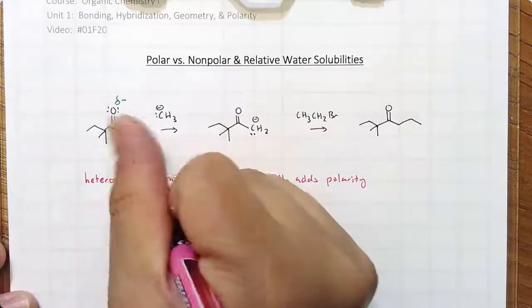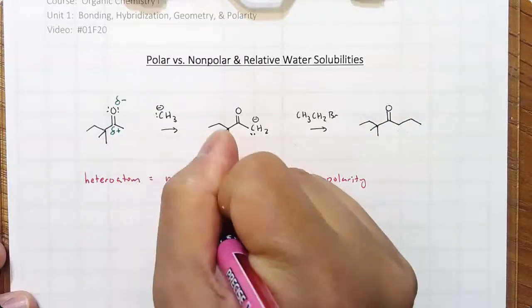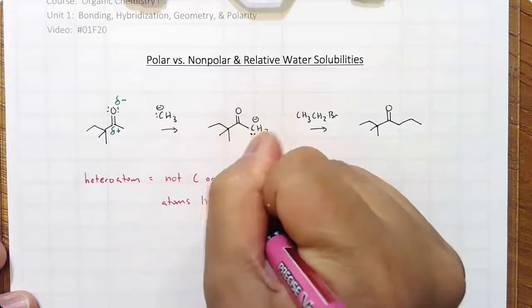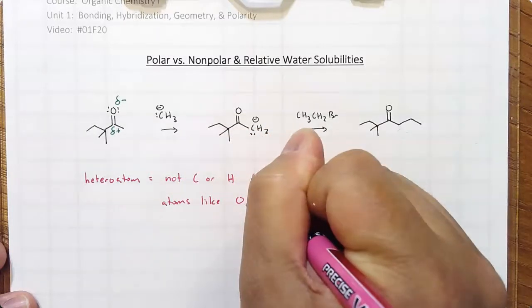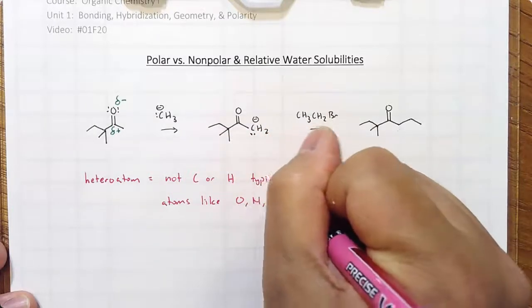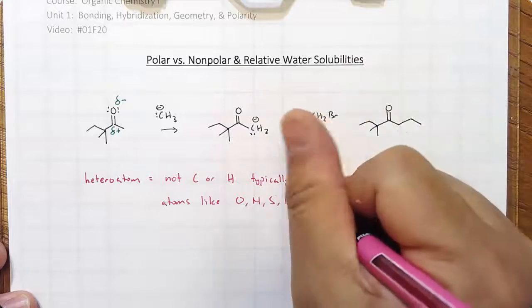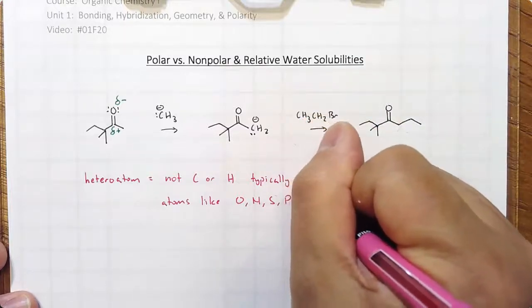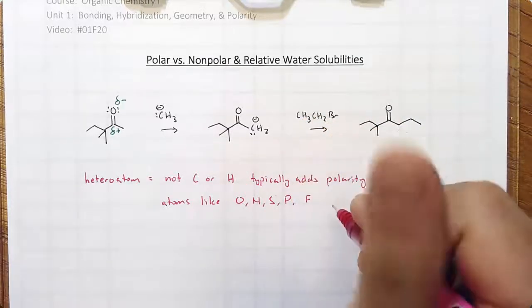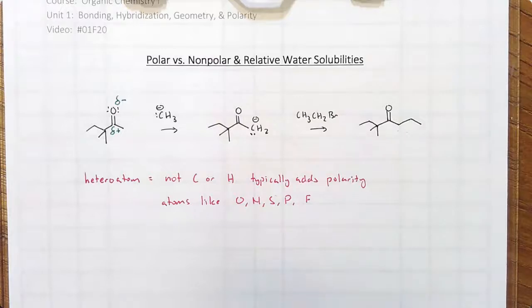So atoms like O, N, S sulfur, F, phosphorus, and the halogens. What are the halogens? Fluorine. So we're going down the column. Let me see if I have my periodic table. I hope so. Here we go.